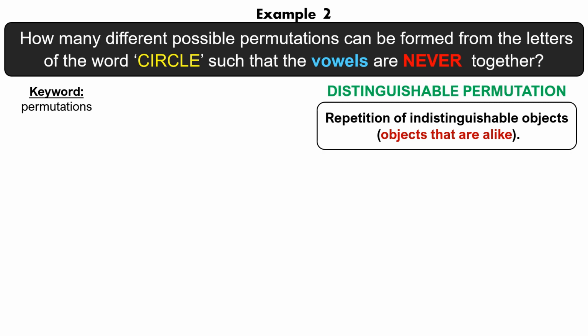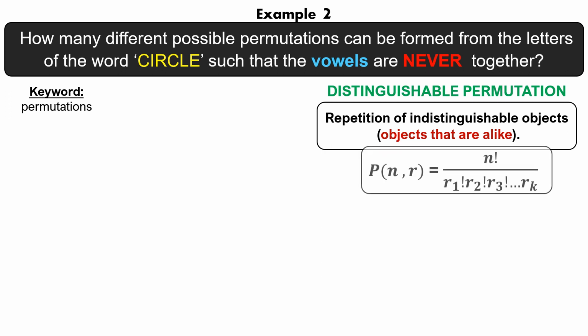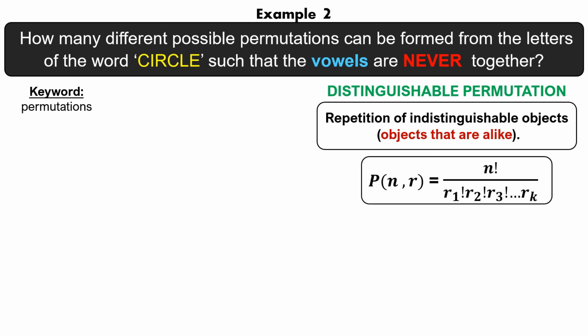Now, kung alam mo na yung concept behind this kind of permutation, pwede ka na gumamit ng formula to shorten the process. So the formula for distinguishable permutation is n factorial divided by r sub 1 factorial times r sub 2 factorial times r sub 3 factorial and so on.